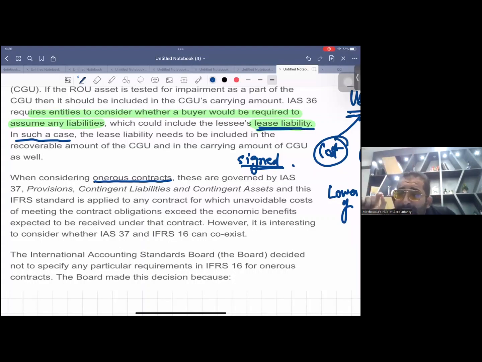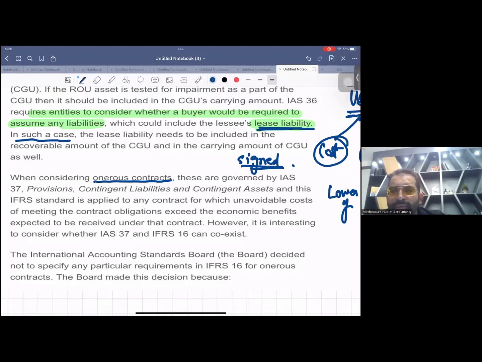But you remember, when I was teaching onerous contract to you guys in the class, I gave the example of a machine on 2 years lease. That means we have taken a machine on 2 years lease, and suddenly after a month or so, the government has passed a law that now this machine is useless.